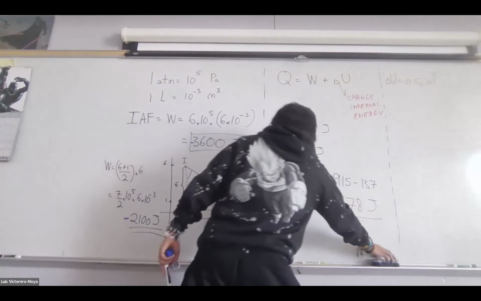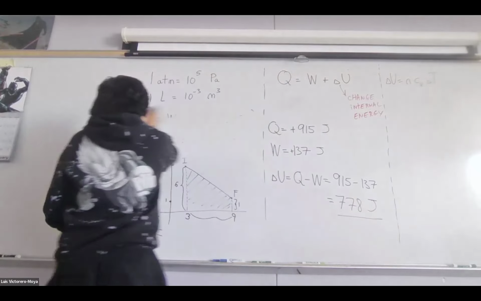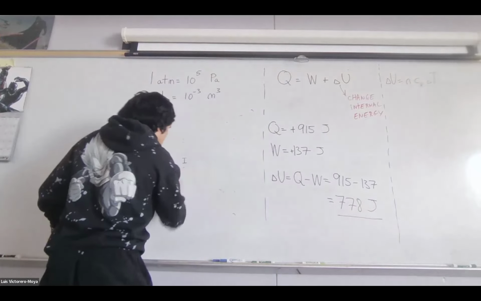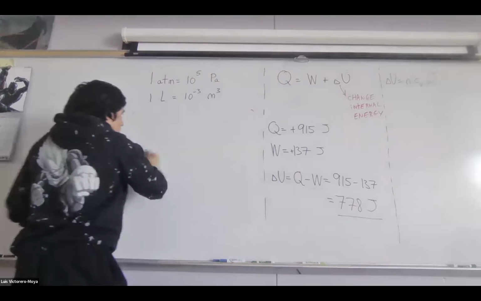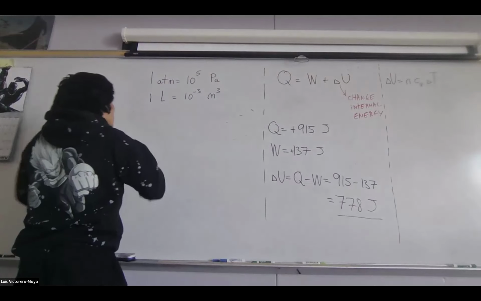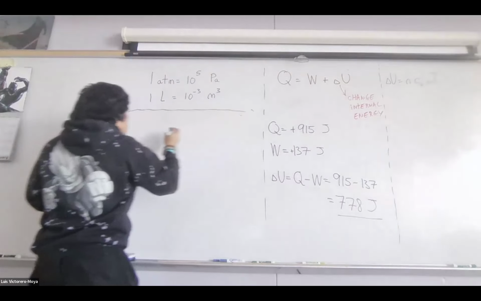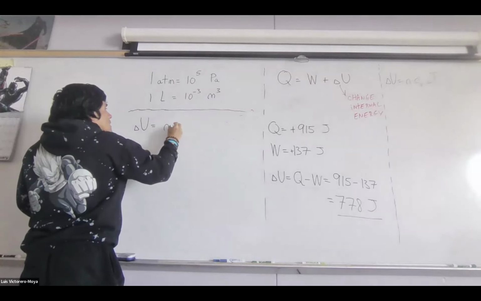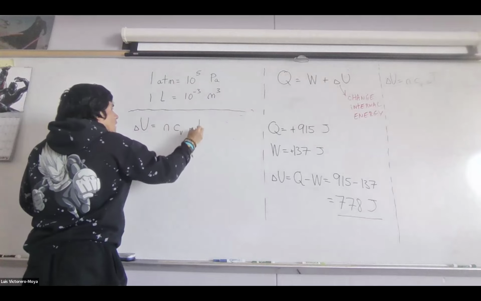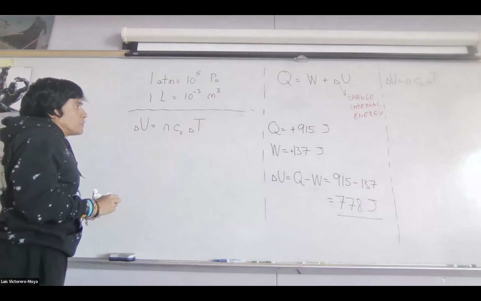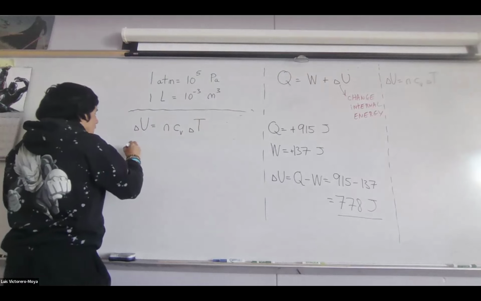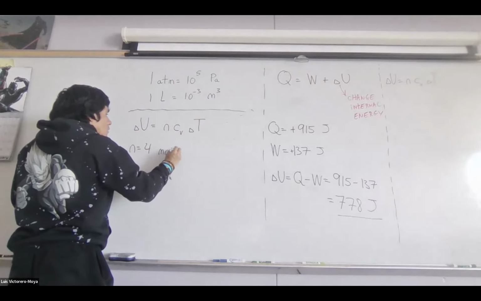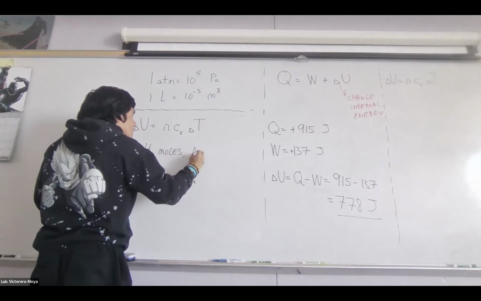Let's do it here so you can see it. Delta U is n CV delta T for that particular process. n is 4 moles of argon.